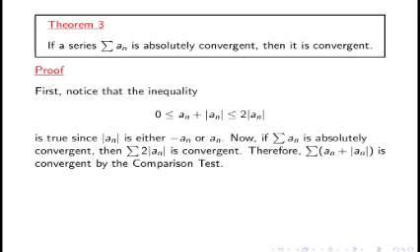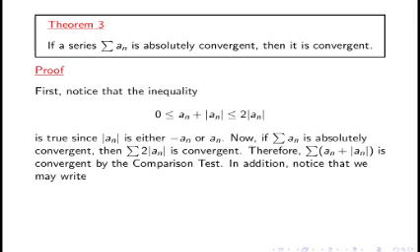But now I can introduce sums now. So if the sum of 2 absolute value a_n is convergent, then the sum of a_n plus absolute value a_n is less than or equal to the sum of 2 absolute value a_n, which means the smaller one must also be convergent by the comparison test.